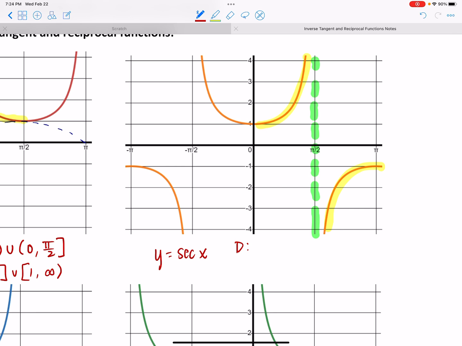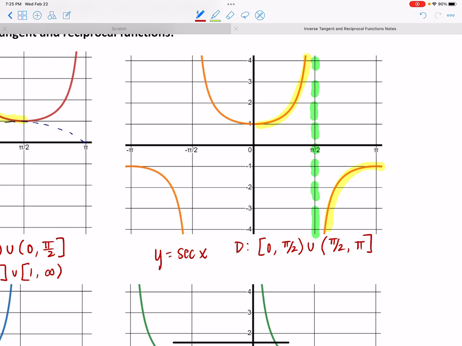So we're going to go from 0 to π/2, and we cannot be equal to π/2. There's an asymptote there, so we're going to put parentheses on that. And then again, we're going to pick up at π/2 and then go to +π. And we're defined at the ends at 0 and at π, but not at that asymptote that's in the middle.